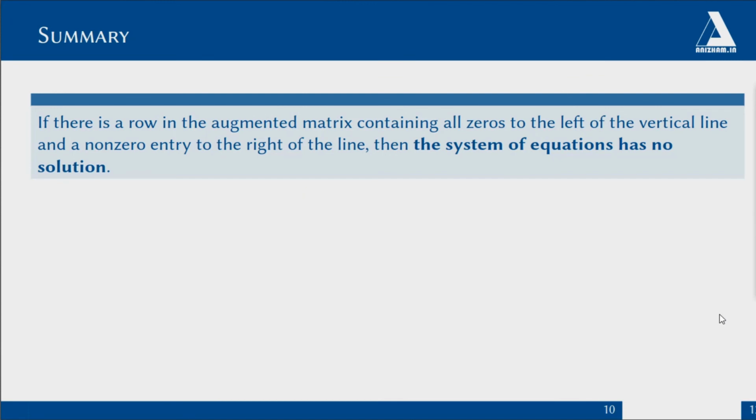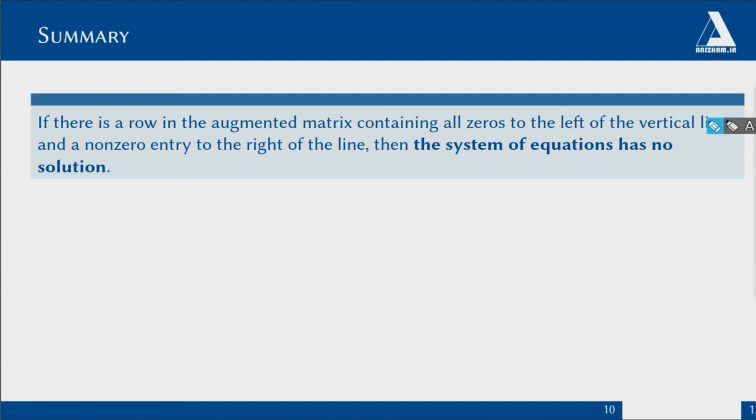In order to summarize, if there is a row in the augmented matrix containing all zeros to the left of the vertical line and a non-zero entry to the right of the line, then the system of equations has no solution.